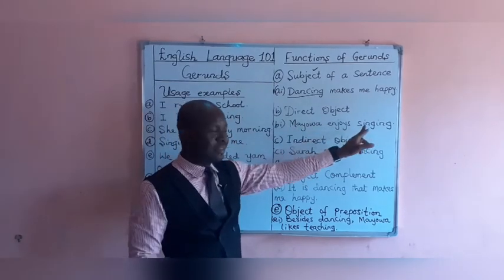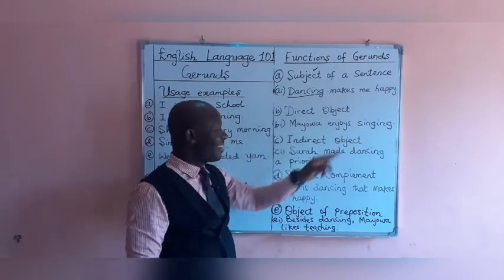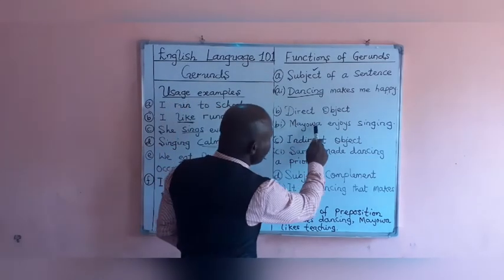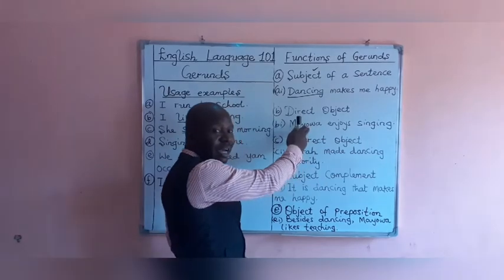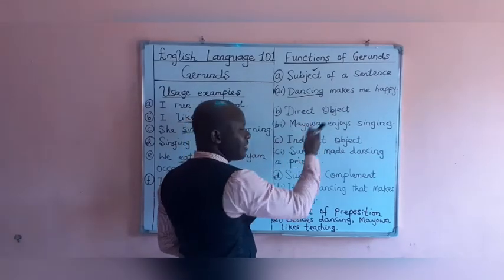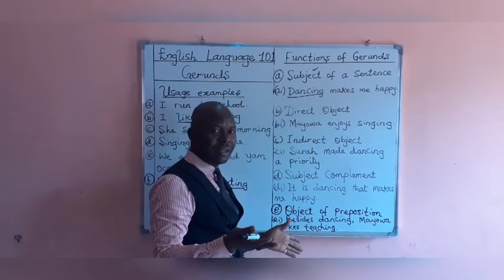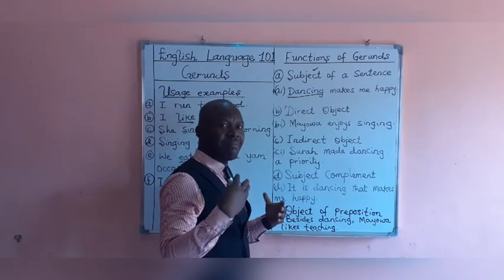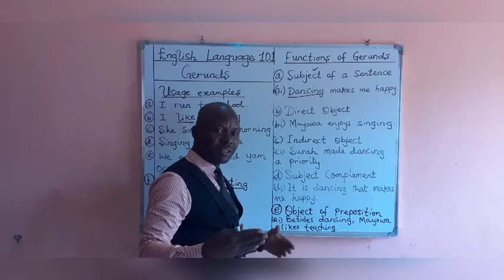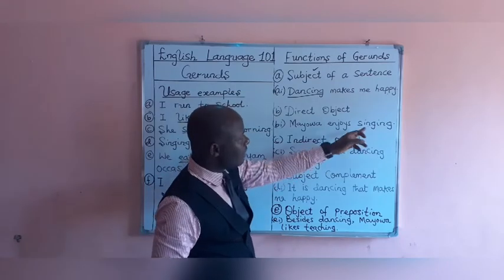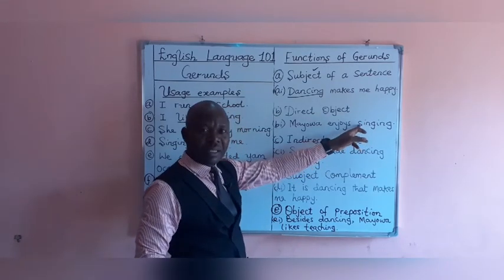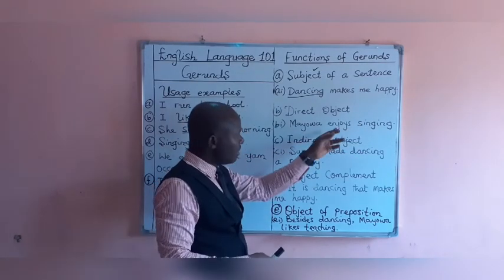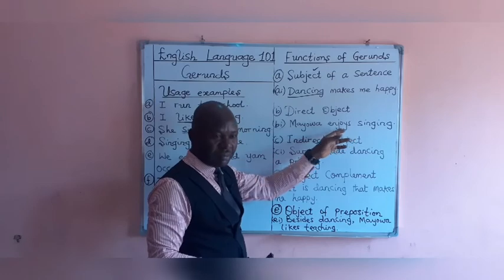Alright, that's me. Maiwa is the doer of the action. The action is enjoy. And what am I enjoying? What's receiving that mental action of enjoyment? It is singing. So singing becomes the object of the verb enjoys.